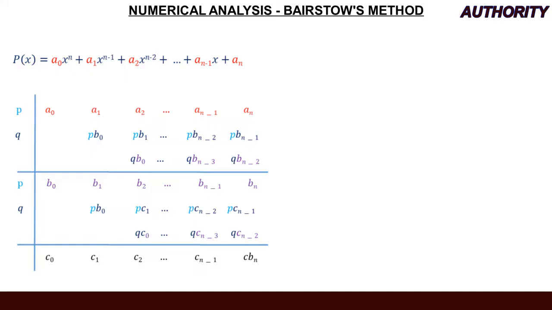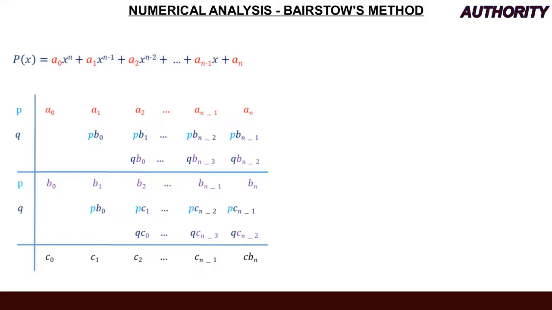When you add a1 and p b naught, the result we call b1. Are we together? Good. Now this b1 multiplied by p is going to give you p b1. We step back to b naught. B naught multiplied by q is going to give you q b naught.